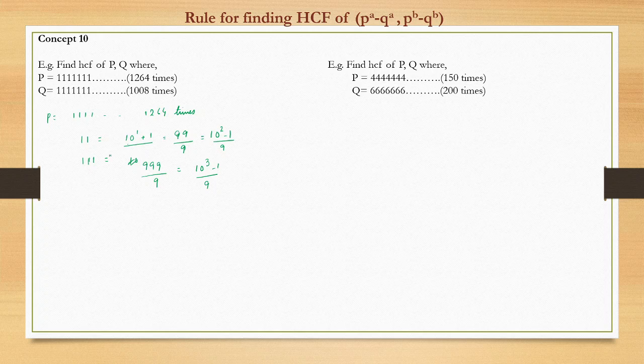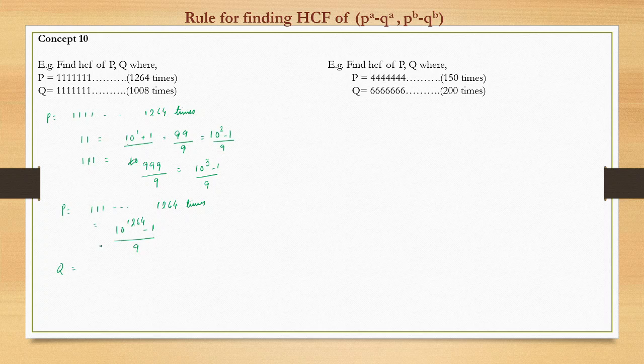So this is one way of writing any number which is made of repeating 1s. Similarly, P, which is 1 repeated 1264 times, is 10 raised to power 1264 minus 1 upon 9, right?